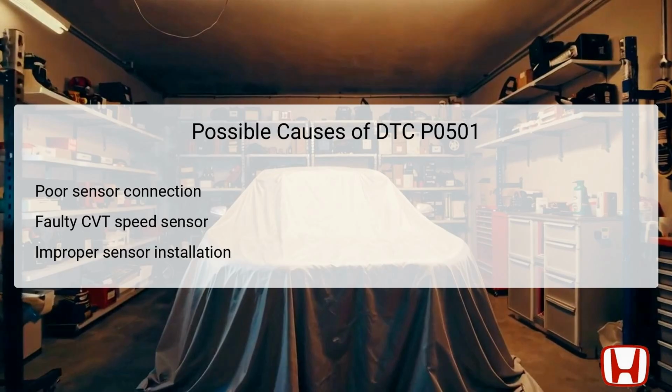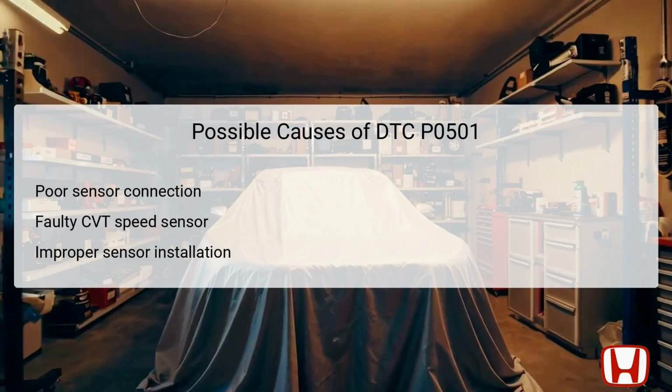Several factors can lead to the triggering of DTC P0501. The first potential cause is a poor connection between the CVT speed sensor and the TCM, which could hinder communication essential for functioning. Additionally, a faulty CVT speed sensor is another probable cause, indicating that the sensor itself may not be operating correctly.